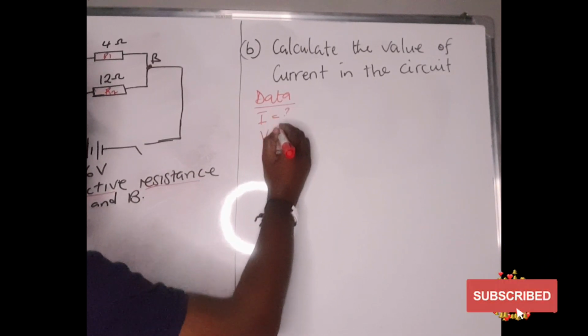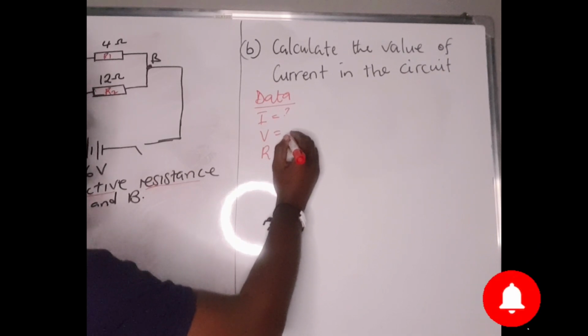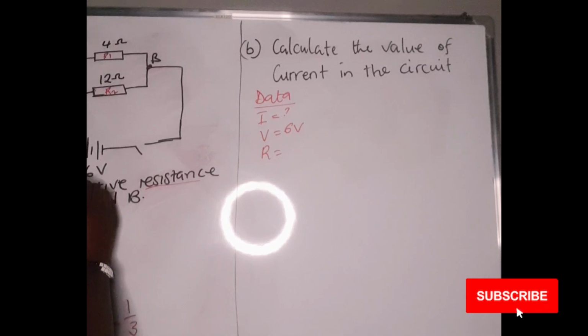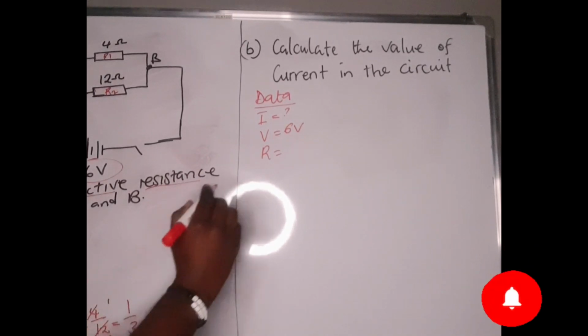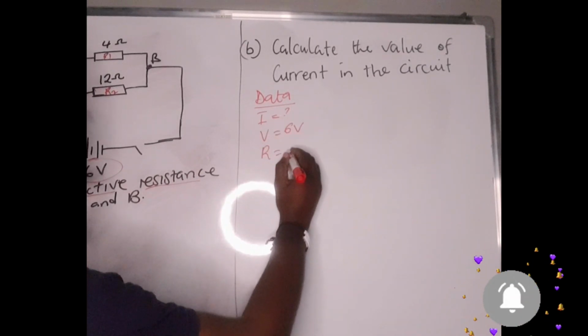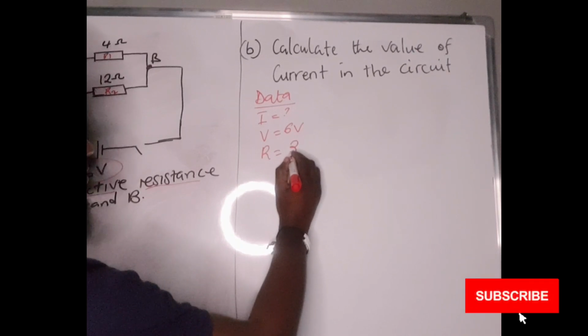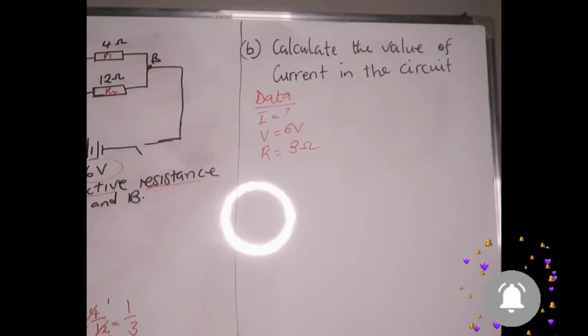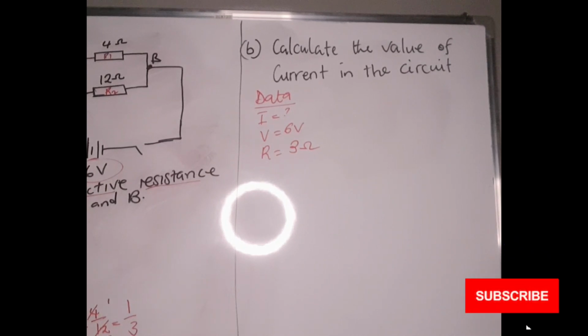The current is what is being calculated, the voltage we have is 6 volts, then the resistance is the 3 ohms that was calculated.